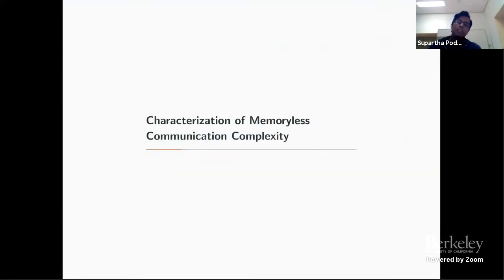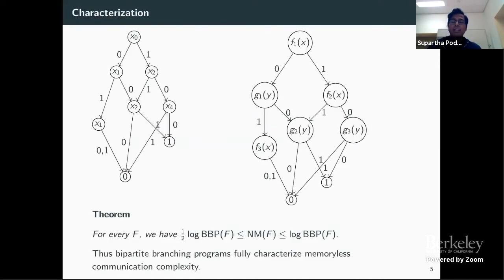Now, can we come up with some characterization of this memoryless communication complexity model? We know that for standard communication complexity, we do this rectangle partition. So what is happening here, since the players do not have memory? It turns out that memoryless communication complexity can be characterized in terms of bipartite branching programs. Now, a bipartite branching program differs from a normal branching program in this way. Here you are seeing one example of a branching program.